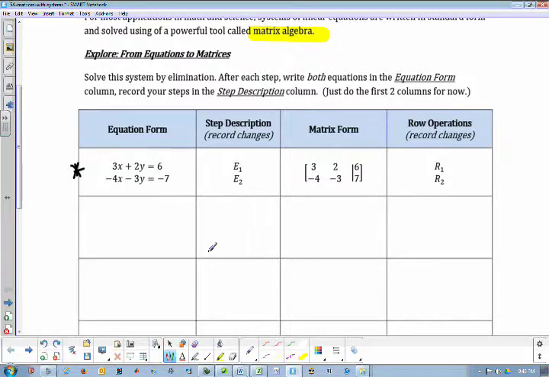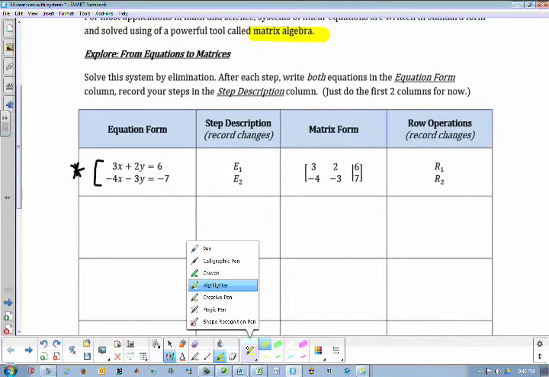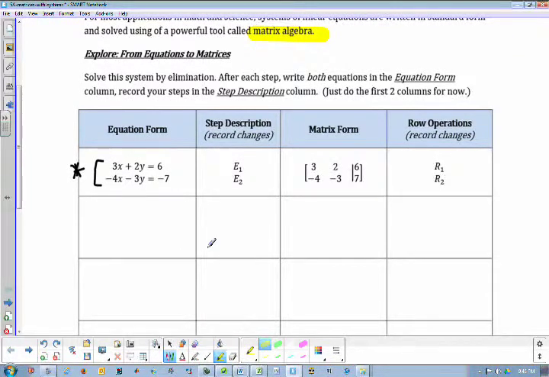All right, and so when we're using elimination, we have these two equations. We would like one of these variables, either the x's or the y's, to disappear. But right now, they're not going to disappear. We know that we can add or subtract these equations, and if we add or subtract them right now, they're not going to.